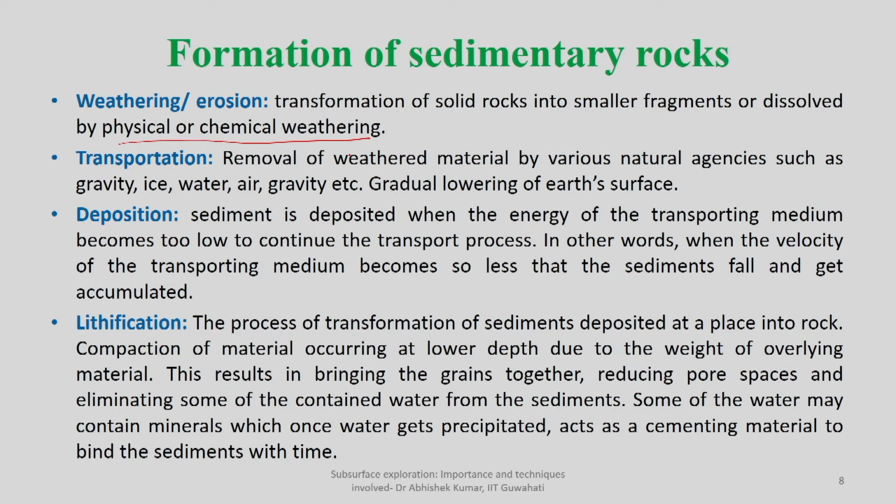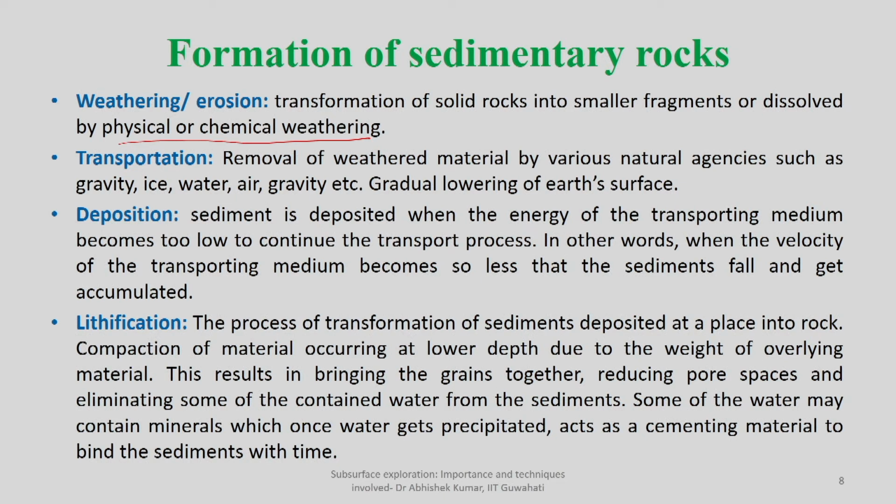Then transportation. First we were talking about weathering, and the second one is transportation. It may be the same agency which is responsible for weathering, or it may be a different agency, depending upon the relative energy each of those agencies is carrying. Transportation means removal of weathered material by natural agencies. As I mentioned earlier, there can be gravity, ice, water, or air.